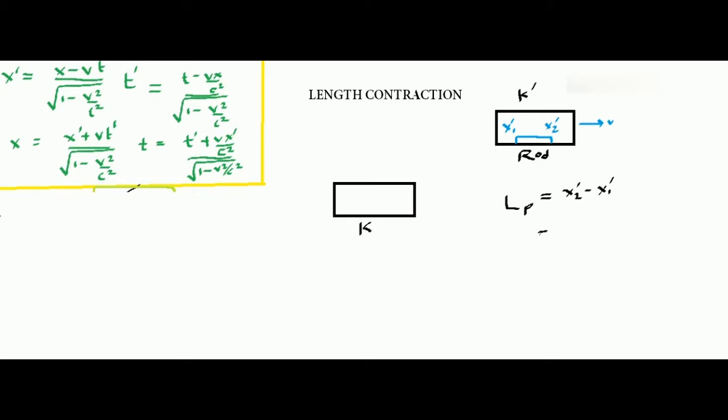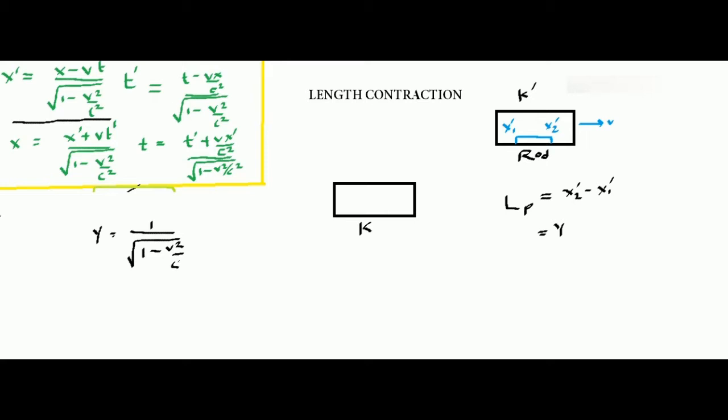So when you make the transformation, you find a gamma. Remember what gamma was: gamma was 1 by root over 1 minus v square by c square. I'm not writing it again and again to save time.